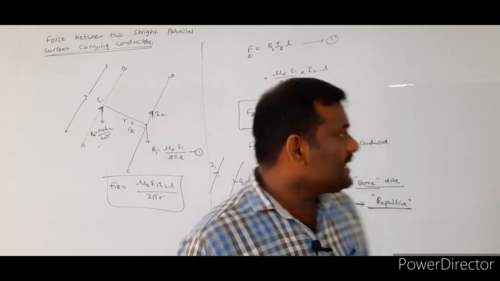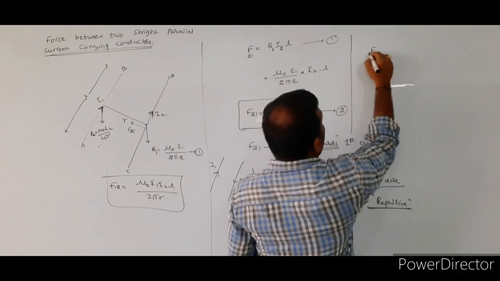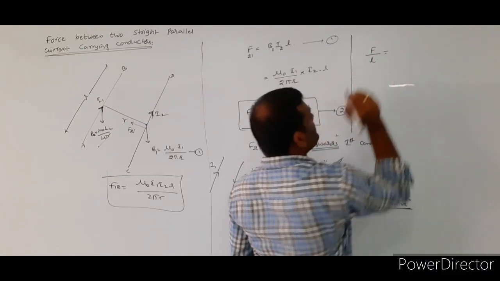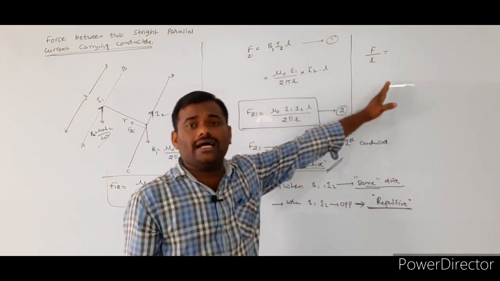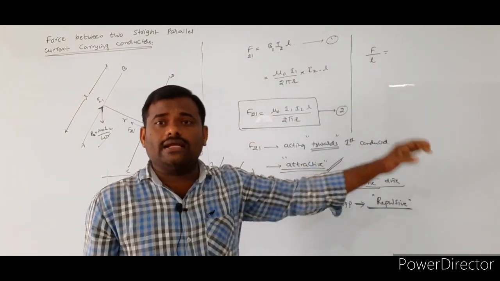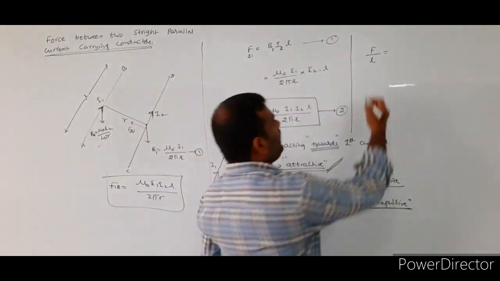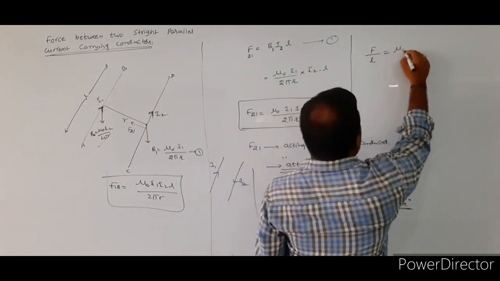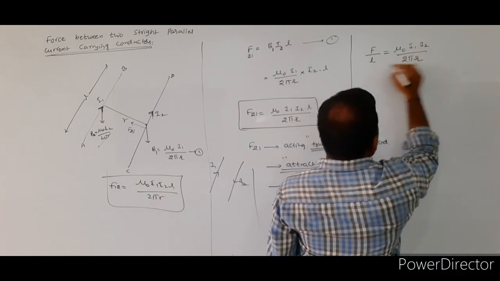Now, from this we will write the force experienced by any one of the current carrying conductors per unit length, which is given by F by L is equal to mu naught I1 I2 by 2 pi r.